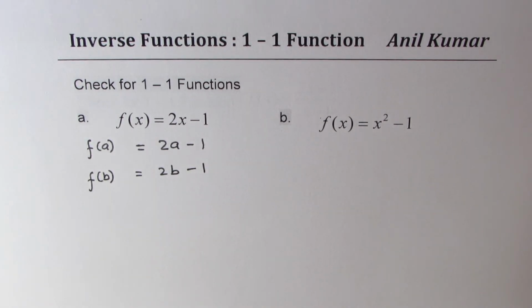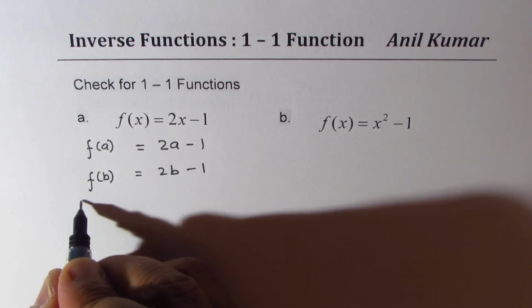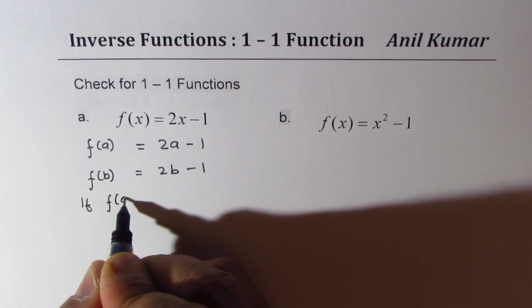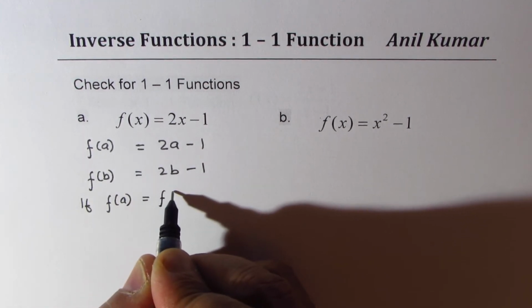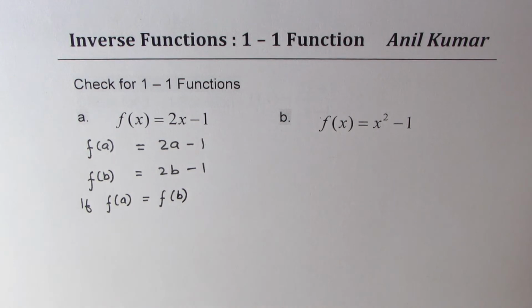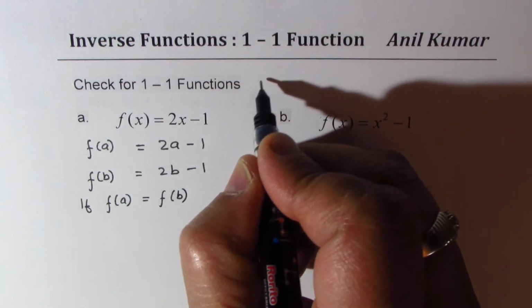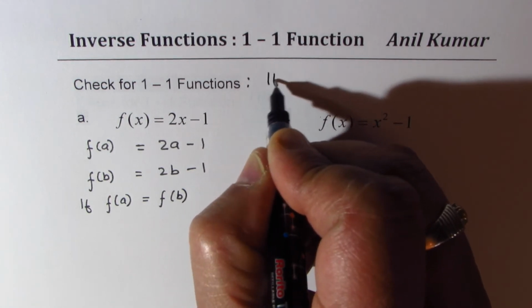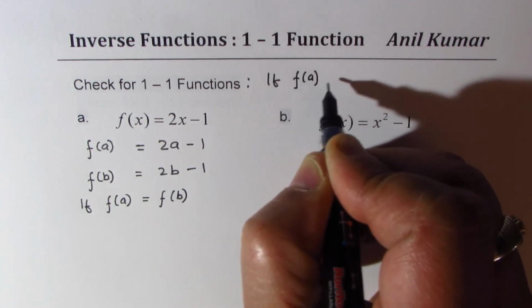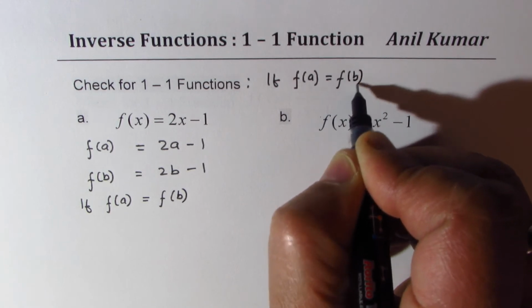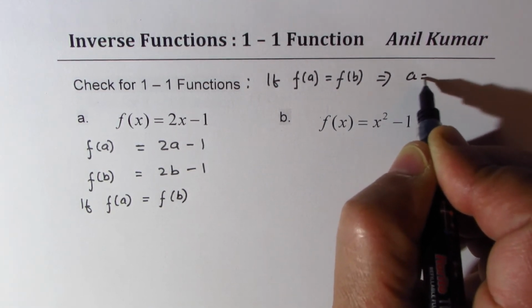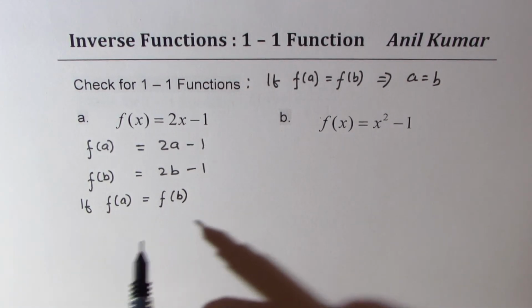Now we need to show that if f of a equals f of b, then for a one-to-one function, the condition is that it implies that a equals b, correct? So that is what we are going to show.